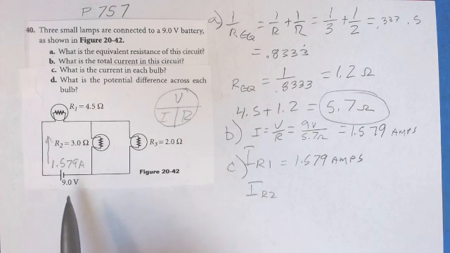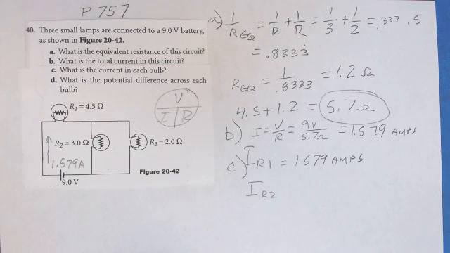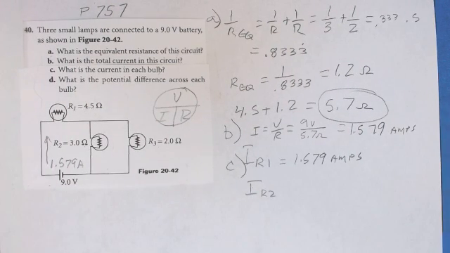We will need to find the voltage across this in order to do that. So there's a couple ways to do that. Probably the easiest way is, let me redraw the circuit. I should have redrawn this to begin with.